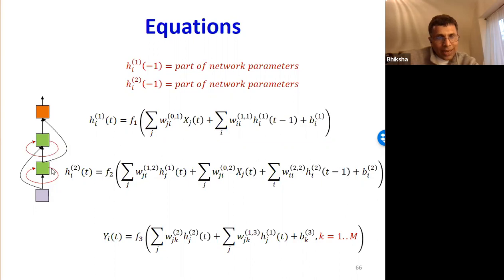So again, there are two kinds of weights over here: the current weights, which connect downwards to other layers below the current layer, and the recurrent weights, which connect to the previous time. This is the distinction I really wanted to make.